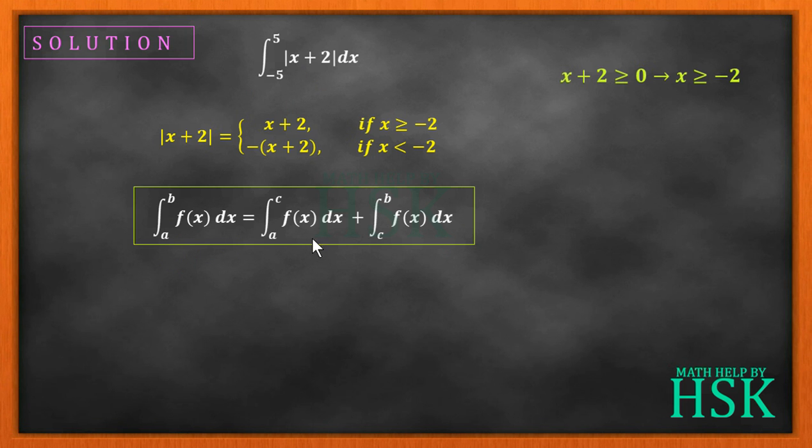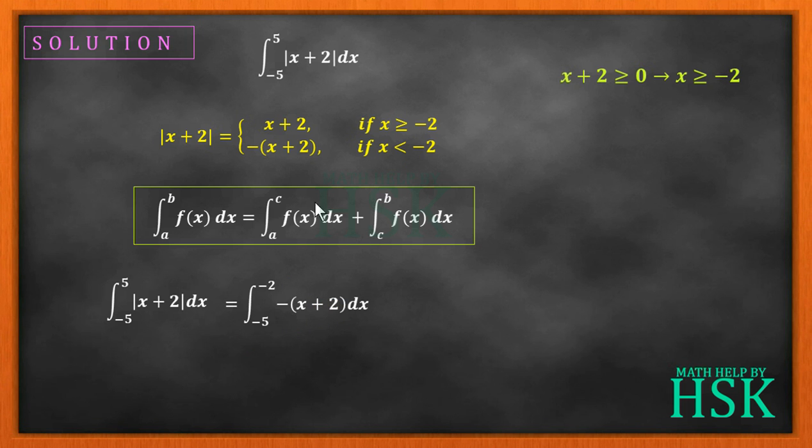This property states that the integral can be written as two separate integrals from the limits a to c and c to b, where c is a number which lies between a and b. So we write this definite integral from the limit -5 to 5 as equal to the integral of minus of x plus 2 from the limit -5 to -2, because for all the values less than -2, this modulus function is equal to minus of x plus 2.